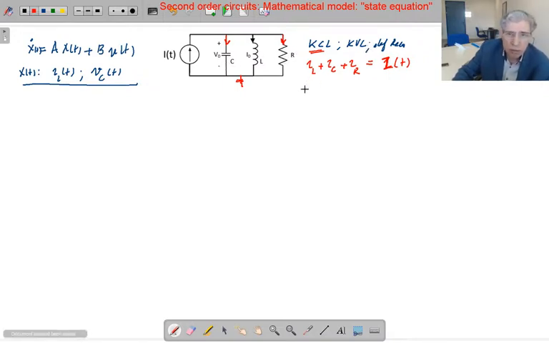From these 3 equations, we are going to end up with VC equal VR equal VL. Inductor voltage, resistor voltage, and the capacitor voltage are equal to each other. So you can check this. For example, for this mesh, if you write the Kirchhoff voltage law equation, you're going to end up with VL equal to VC.